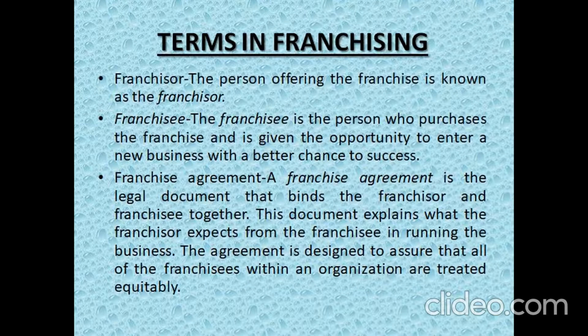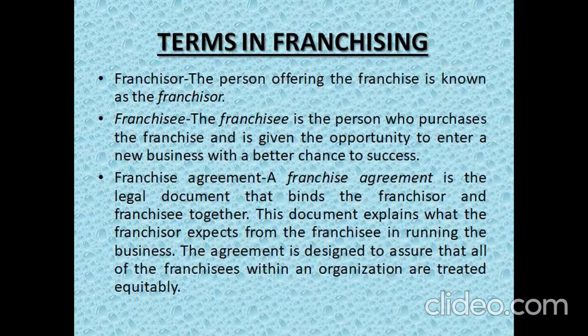Before understanding what franchising is, we have to understand some terms in franchising. First is the franchisor. This is the person who offers the franchise. Next is the franchisee. The franchisee is that person who purchases the franchise and is given the opportunity to enter into a new business with a better chance of success.